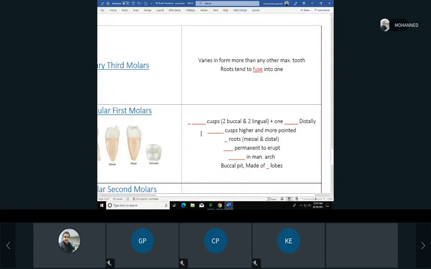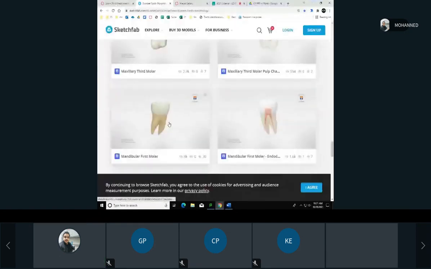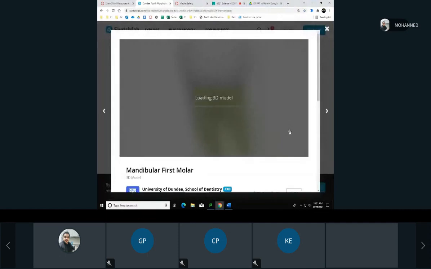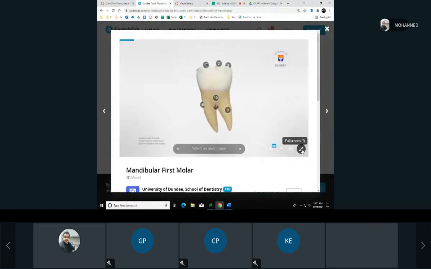Okay. Now we're going to talk about the mandibular first molar. This is the one that has also 5 cusps. So this is what Melissa told us, right? Corrected us about the other time.